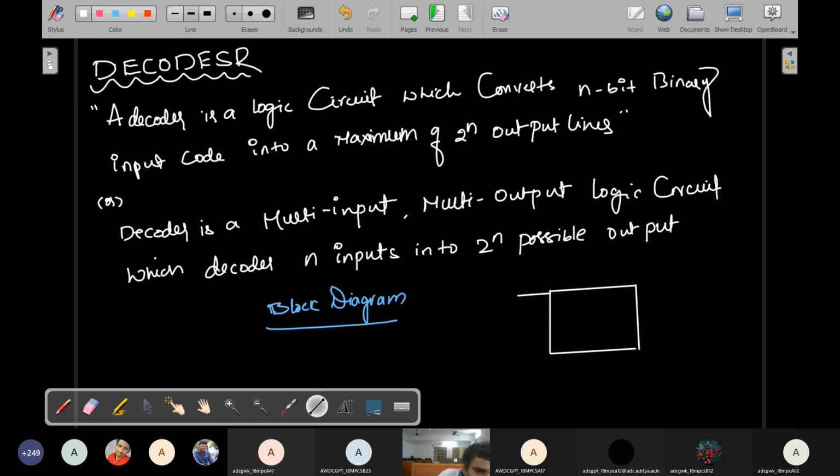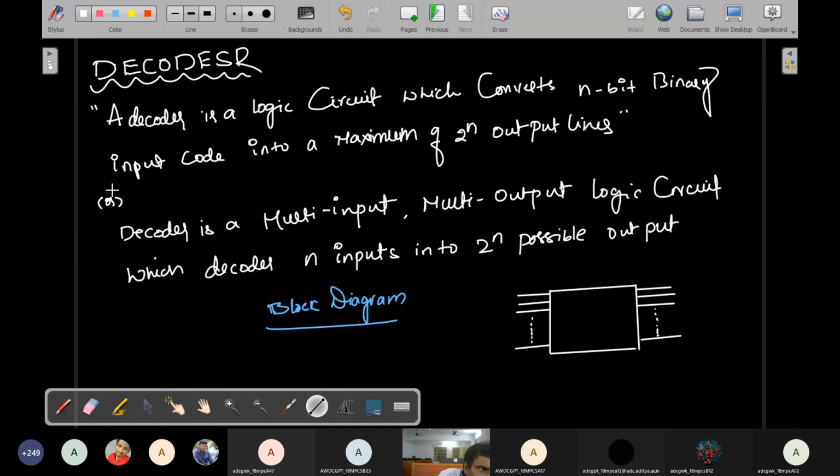This is the first input, the second input, the third input, up to the nth input. Similarly, we get 2 power n outputs: the first output, second output, third output, and so on up to the last.